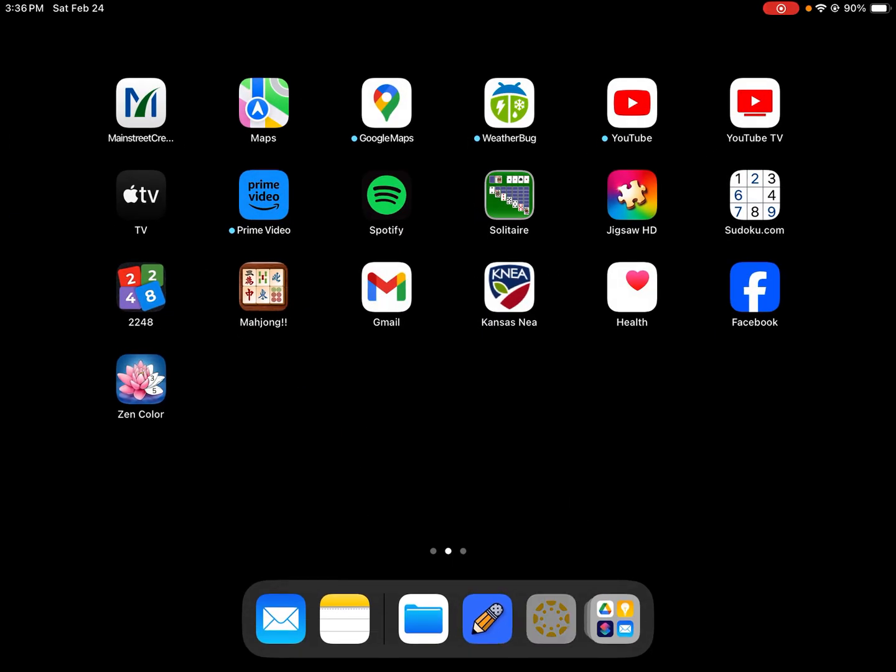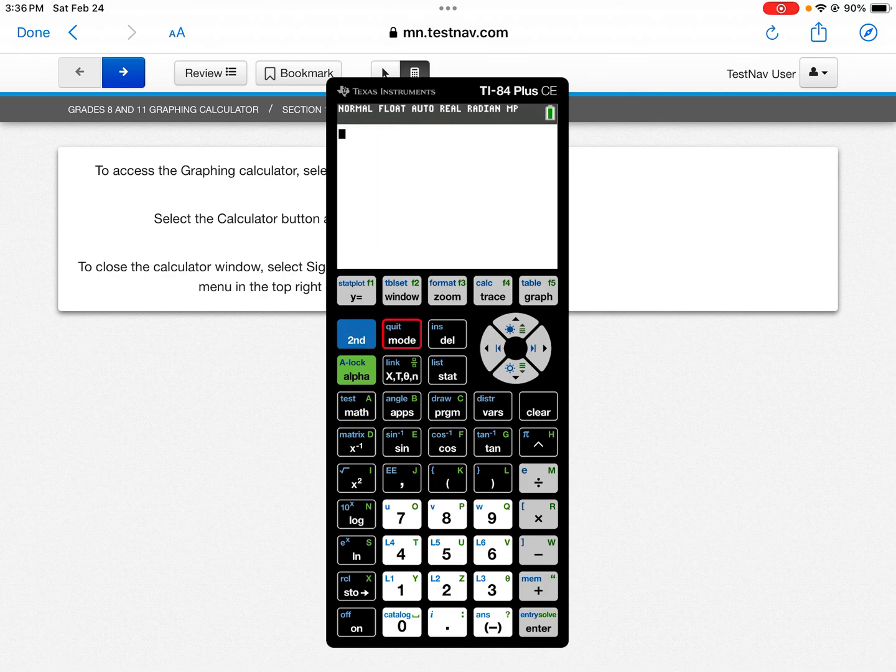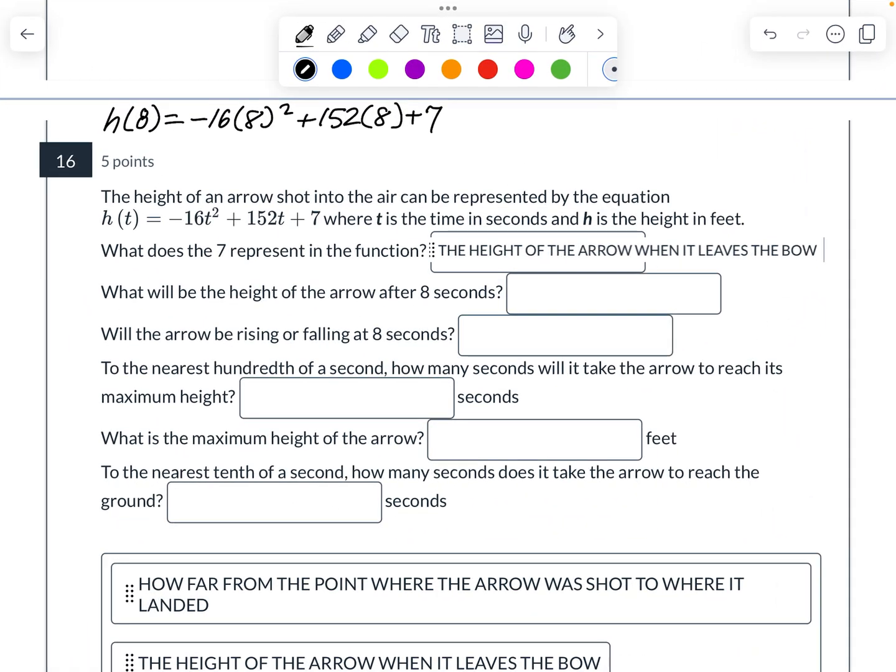You got to use the negative, not the minus, my friends. Negative 16 parenthesis 8 parenthesis squared plus 152 parenthesis 8 plus 7, and hit enter and get 199. And so my answer is 199.